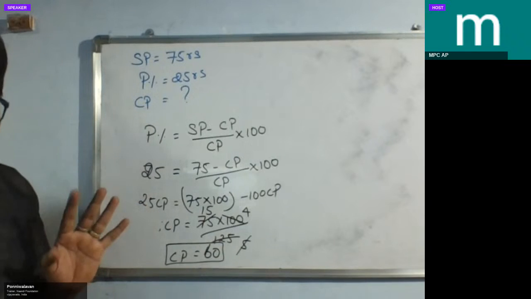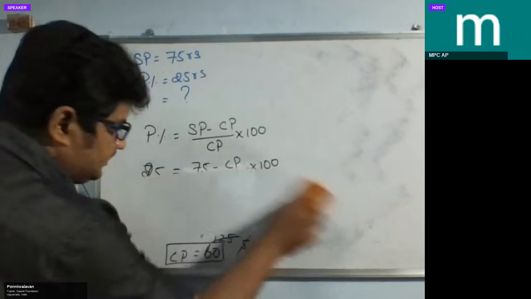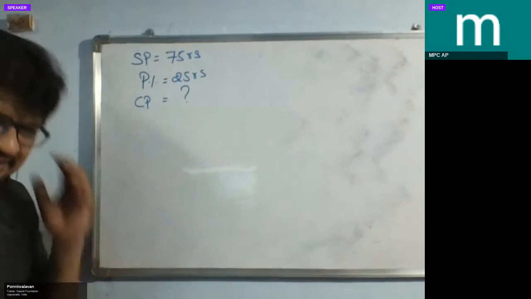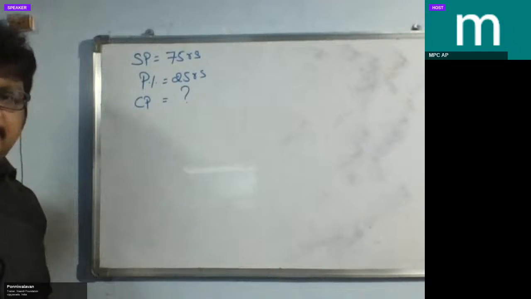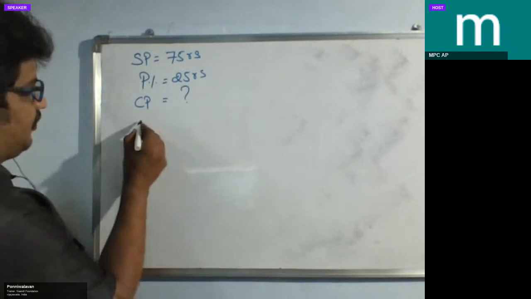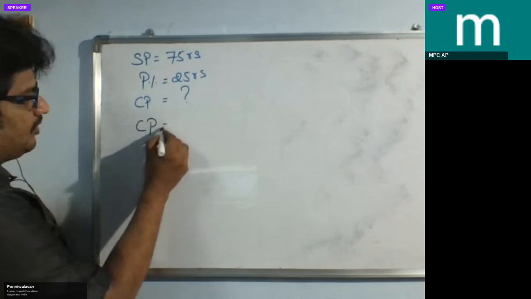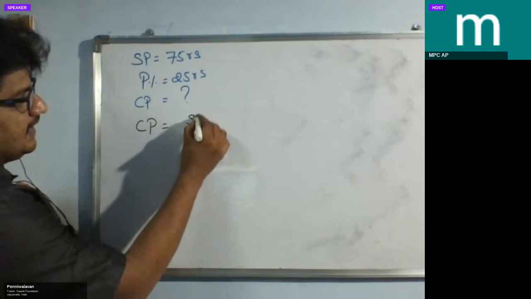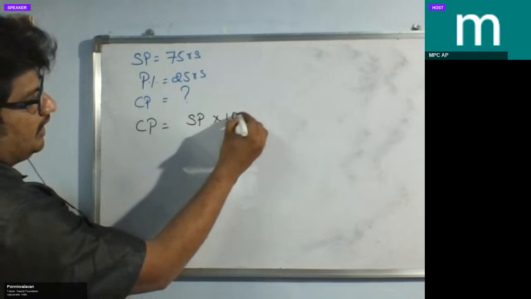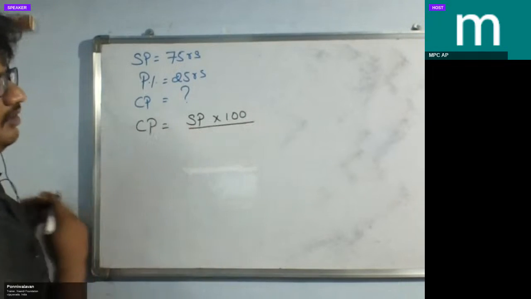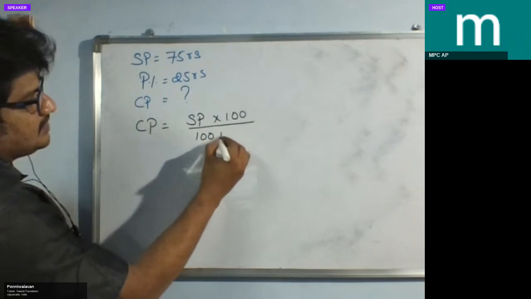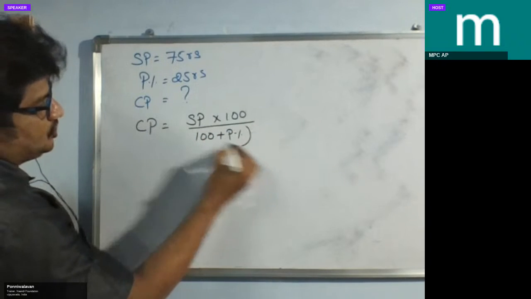Whenever they give the selling price, I forget for which batch I gave the cost price formula. Did I give it? It is selling price into 100 divided by 100 plus profit percentage.